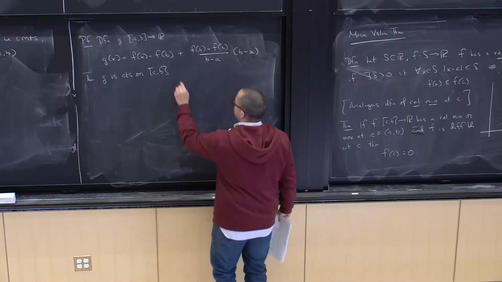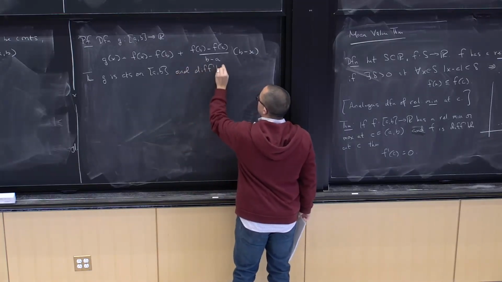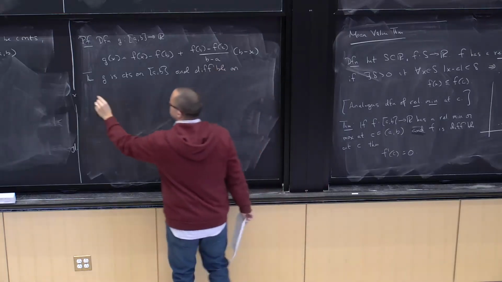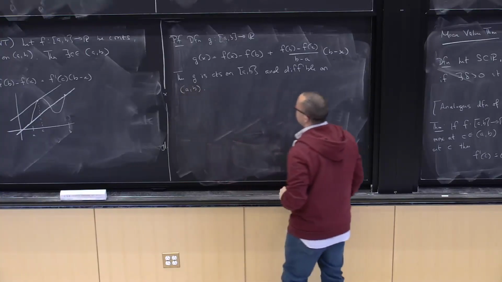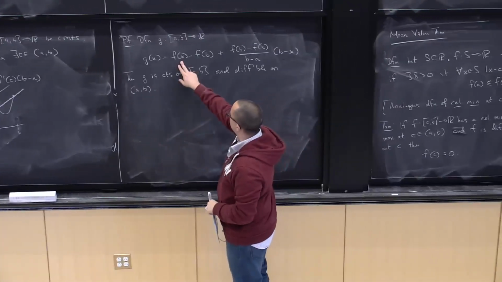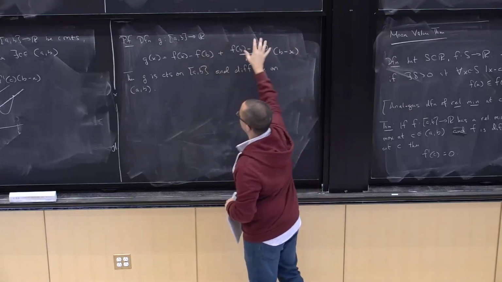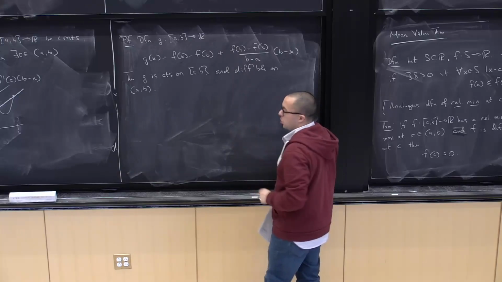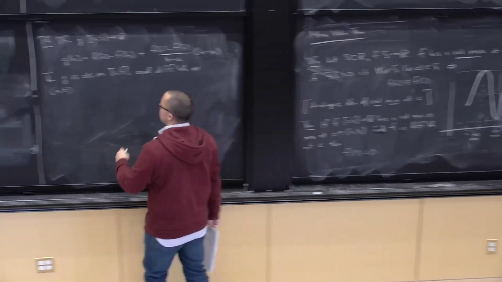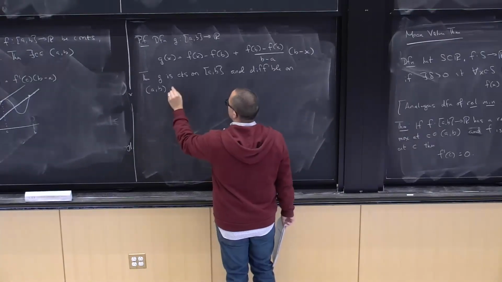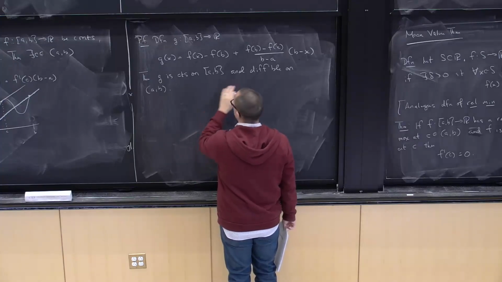So g is continuous on [a,b] and differentiable on (a,b), again because f is. f is differentiable on the open interval (a,b). This part is differentiable everywhere, so the sum of two differentiable functions is differentiable, so g of x is differentiable on (a,b). So, continuous on [a,b] and differentiable on (a,b).